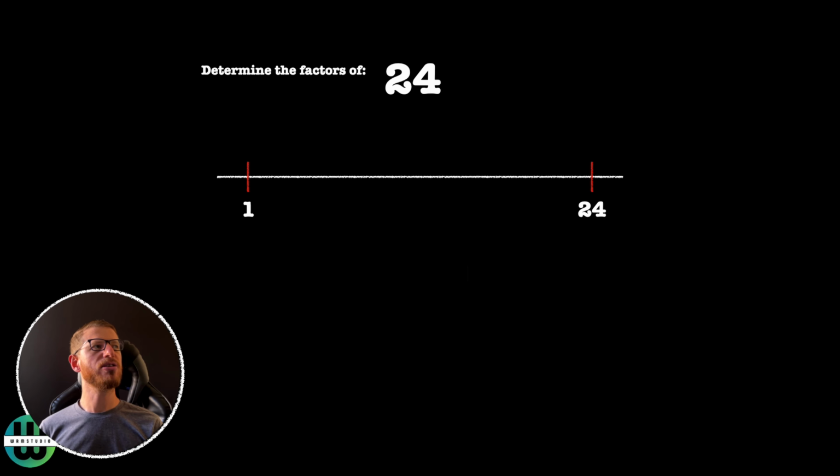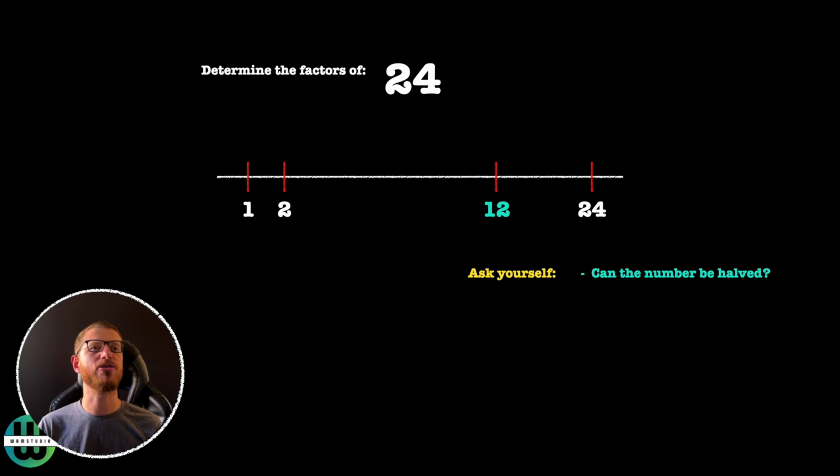Now I'm going to start asking myself very important questions, 3 questions to be exact. I'm going to ask myself, can the number be halved? If it can be halved, then it is divisible by 2, and that's my next factor. So 2. And I know that 24 divided by 2 will give me 12.